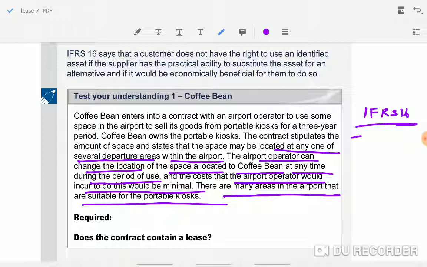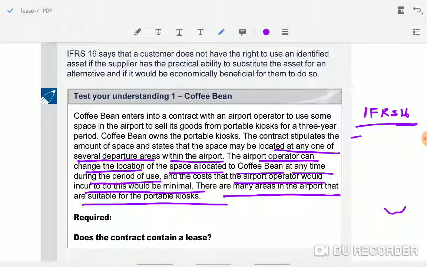Second, the lessee should be given a right to direct the use of that identified asset, and in return he pays some consideration. What they mean by the right to direct the use of the asset is that the lessee should get substantially all the economic benefits from the use of the asset. These are the points to say a contract is a lease contract.